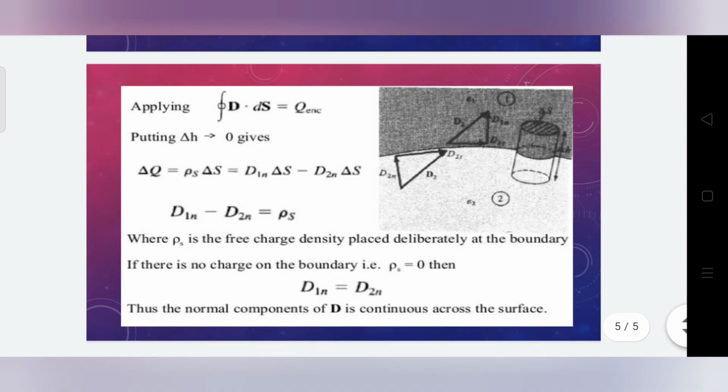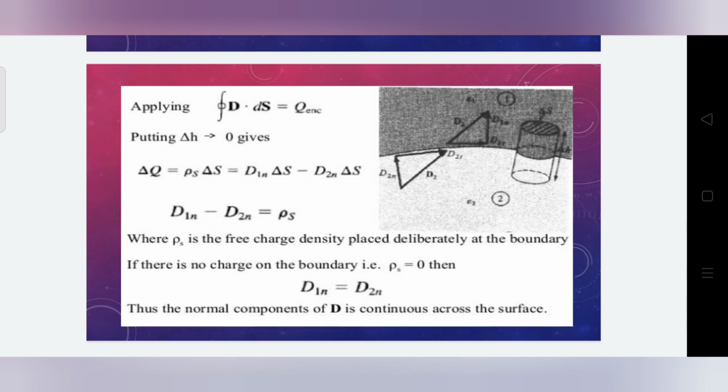Applying the other Maxwell's equation, the integral of D dot ds is equal to Q enclosed. Putting delta h tends to 0 gives delta Q is equal to rho s into delta s, which is equal to D1n delta s minus D2n delta s, which collectively gives rho s equal to D1n minus D2n, where rho s is the free charge density placed deliberately at the boundary.